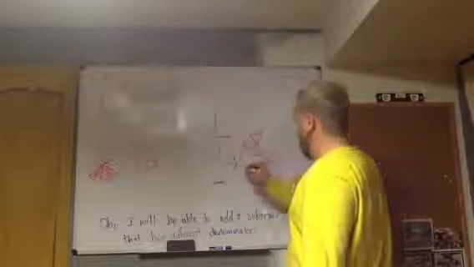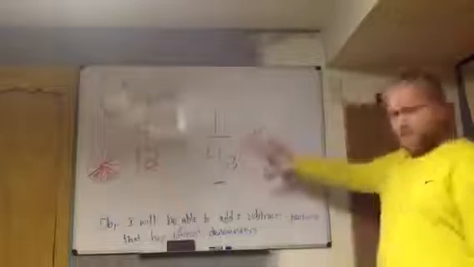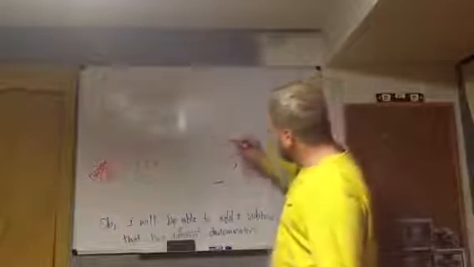So now I need to do the same thing with 1/4. I need to split it so that it's in 12. So I'm going to split each one of those 4ths into thirds. That's what it's going to look like. And since I split all of them into thirds, if you do something to the bottom number, you have to do it to the top.